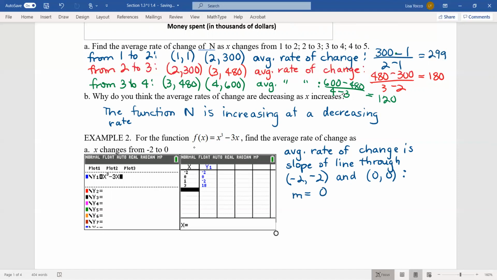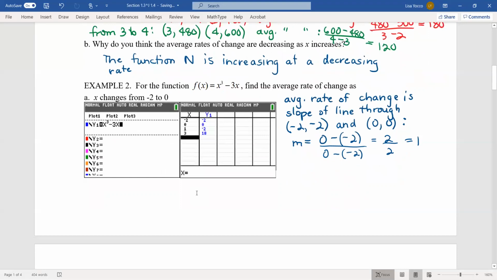The second Y minus the first Y divided by the second X minus the first X. The double negative becomes positive, so that's 2 divided by 2, which is 1. So the average rate of change for those 2 points would be 1.